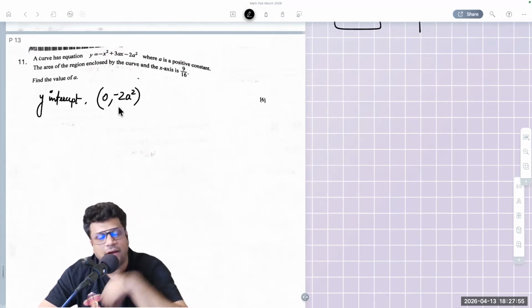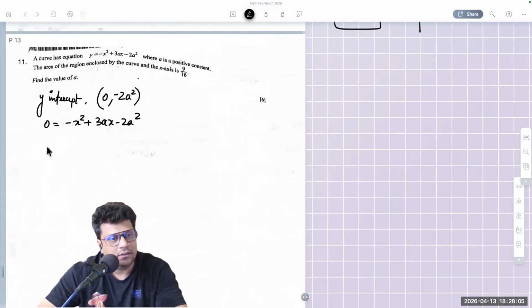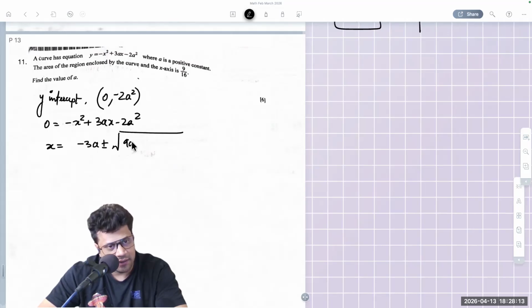I'm going to try to find out the x-intercepts if there are any. So 0 equals negative x square plus 3ax minus 2a square. So x is going to be minus b plus minus root over b square minus 4ac, divided by 2a.